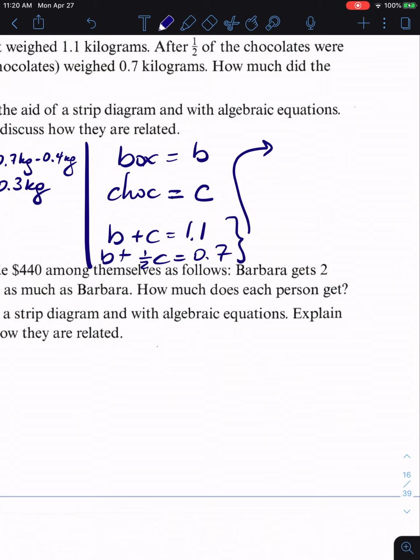So the box is 1.1 minus all the chocolates, right? But we also know that the box is 0.7 minus half of the chocolates. So if the box is both of those things, we can set it up as an equation.